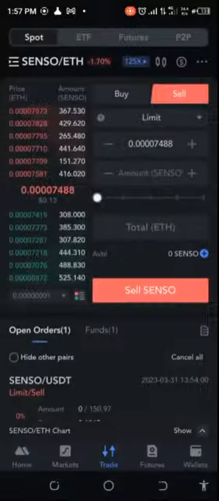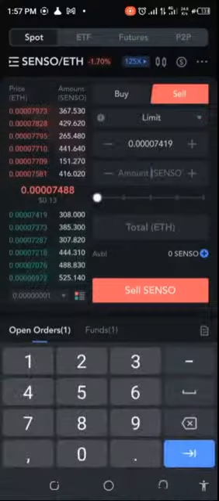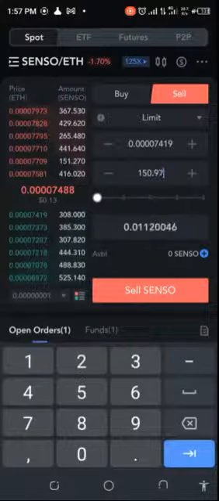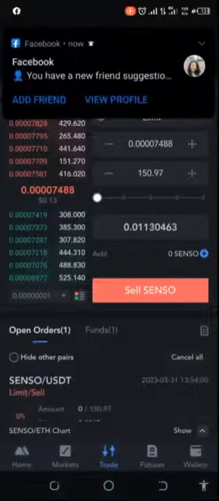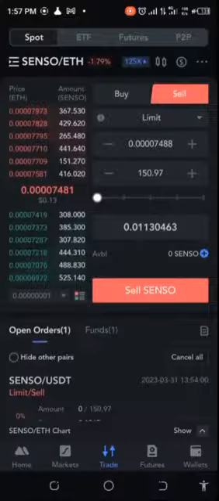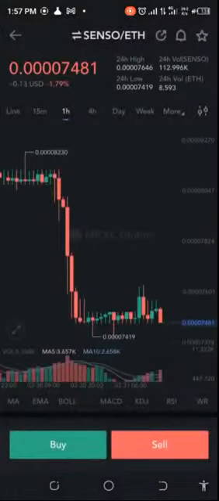So if I pick this 7419 and I put 150.97, no. I don't think I want to do that, because if I tapped here, it's going to give me this. But even with that, I can see that it's actually going low. So because of that, I don't think it's a risk I want to take.